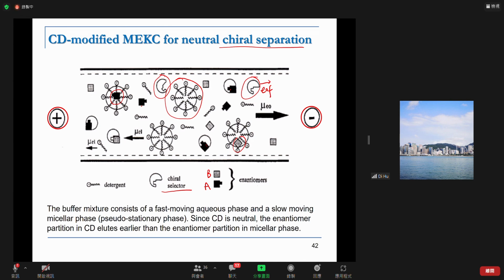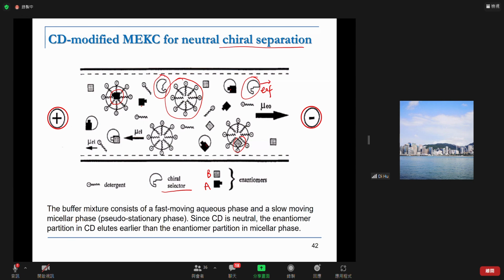And the micelle is negatively charged, so it has slower apparent mobility, okay? And the CD is now neutral, moving together with the buffer solution. So A comes out faster, right?